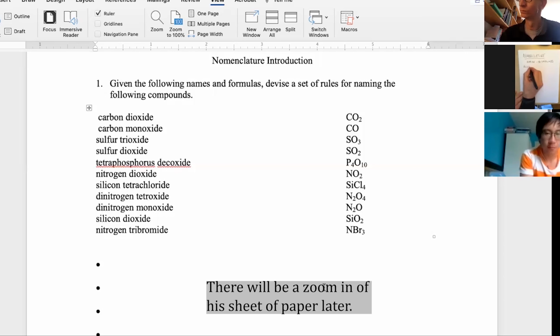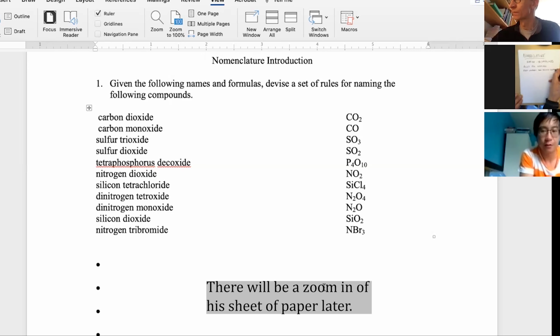All right. So I think the most basic rule to start off with is that we always start off with the first element in the compound with the name. So if we look at the first one, we start off with carbon dioxide, and it's written with the symbol C for carbon and the symbol O for oxygen.